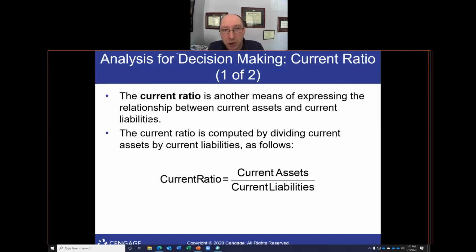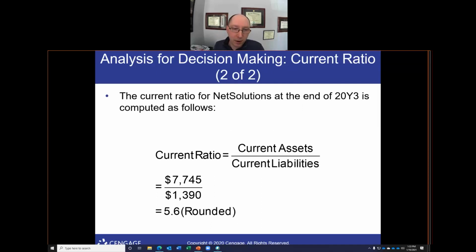The second ratio that I'd like you to remember is called the current ratio. This expresses the relationship between current assets and current liabilities. To compute this ratio, it's very simple. You take your current assets divided by your current liabilities. Higher ratio, the better.